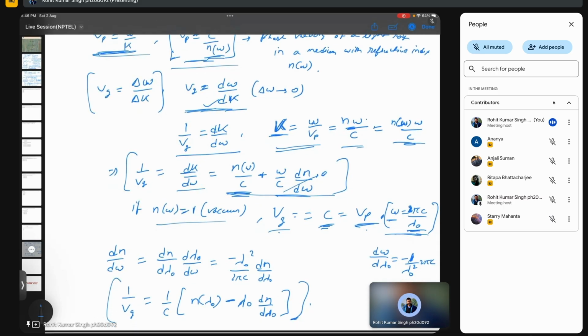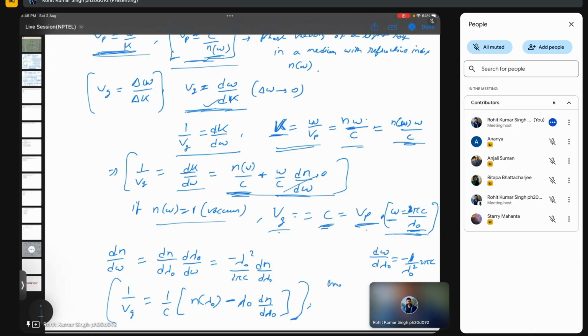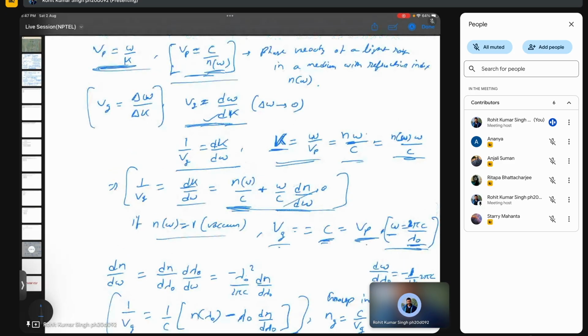And then you can define something called the group index, or group refractive index, which is Ng equal to c by Vg. This is inspired from the phase velocity formula, where we had c by n, the normal refractive index.